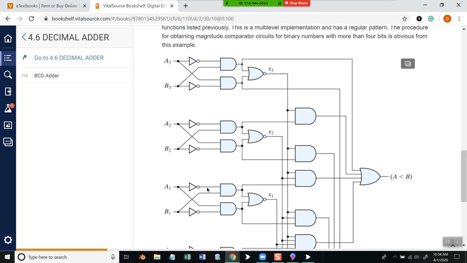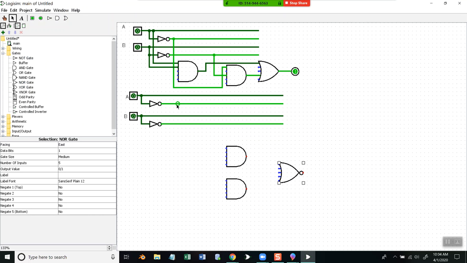This is saying A or A prime B. So A prime and B are together, and B prime and A must be together. Those are each coming in to there.